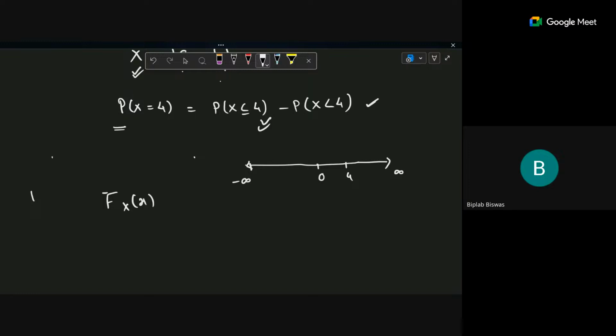Ma'am, sorry to interrupt, may I ask a doubt? The PDF and PMF give the probability of that random variable taking so-and-so value. Previous week we started the inequality laws, which also tell what could be the upper bound or lower bound in that range. Here, it is also taking the same thing, right?